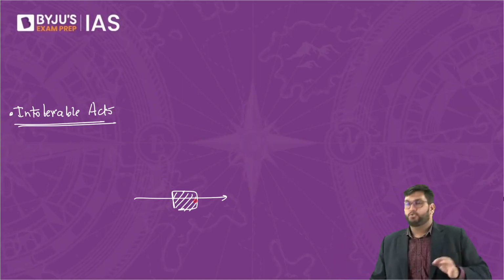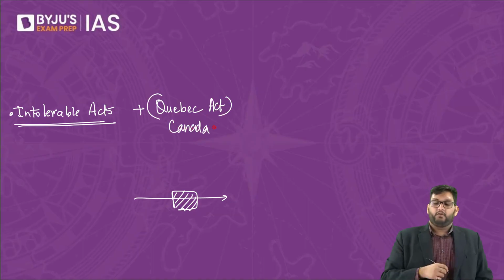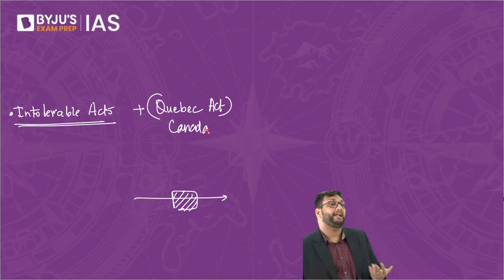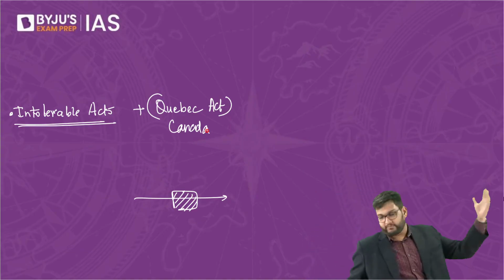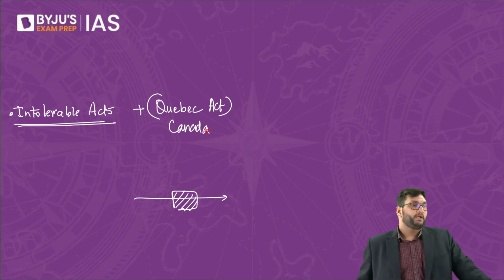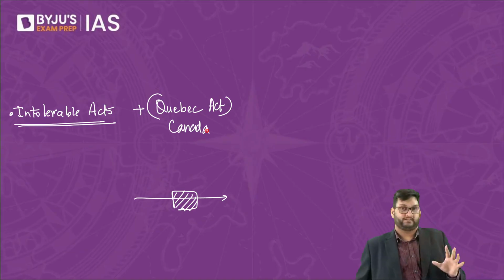To add insult to injury, a new act was introduced in Canada, which is called the Quebec Act. The Quebec Act, which was introduced in Canada by the British, was the real alarm bell for the Americans.